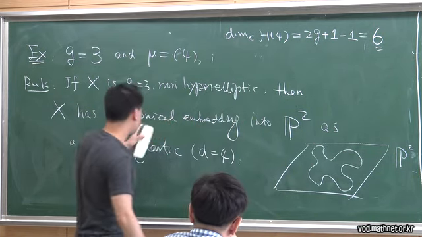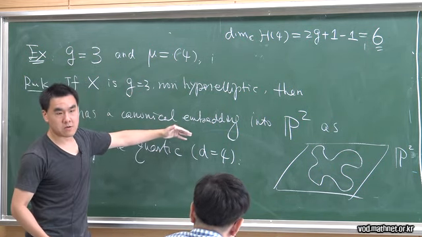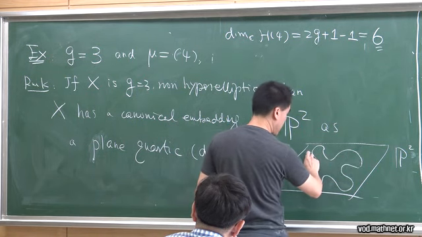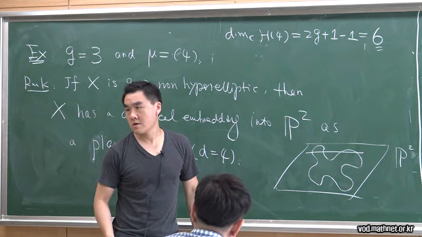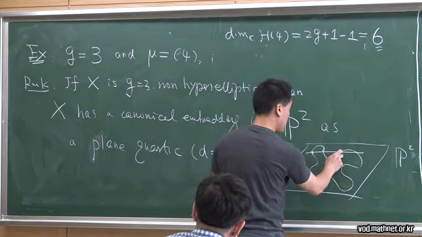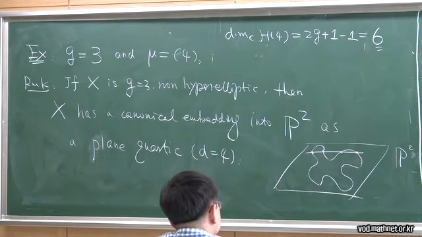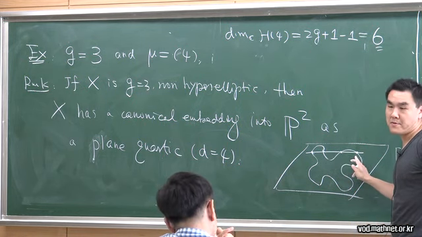Because this is a canonical embedding, I'm using the sections of the canonical line bundle. That means if I take any hyperplane section in P2, that means a line section here, I'll just cut out a canonical divisor. For example, I take this general line, I cut out 4 points. That gives me, corresponding to a differential up to scaling, where the zeros are distinct, just P1 plus P2 plus P3 plus P4.